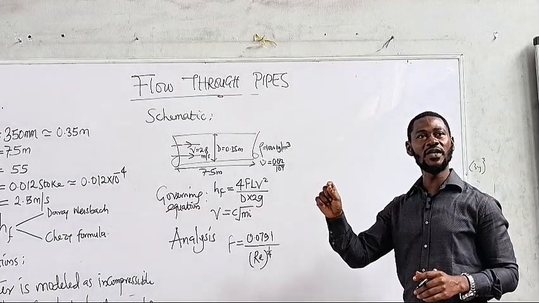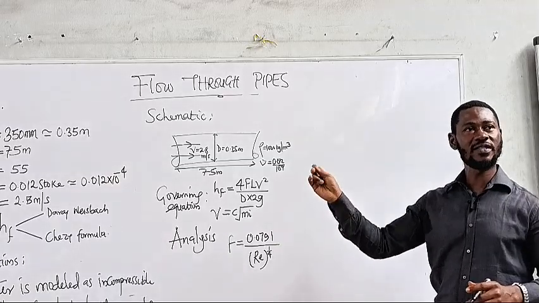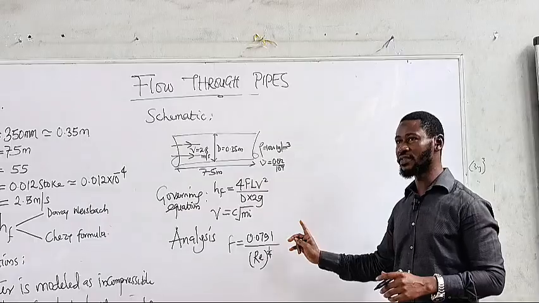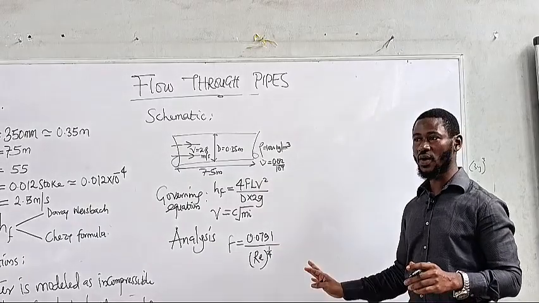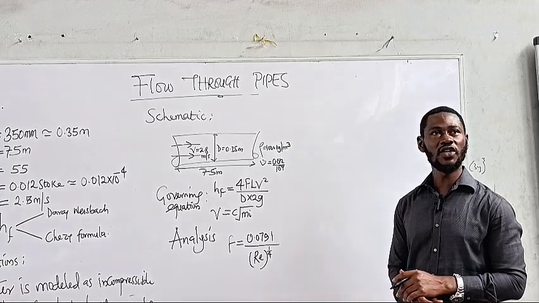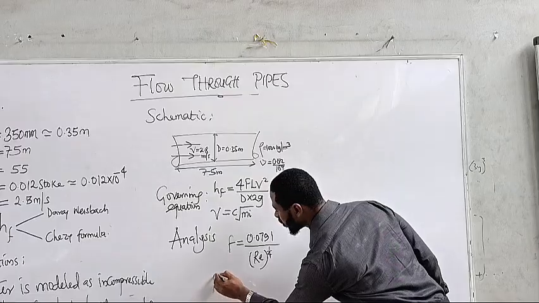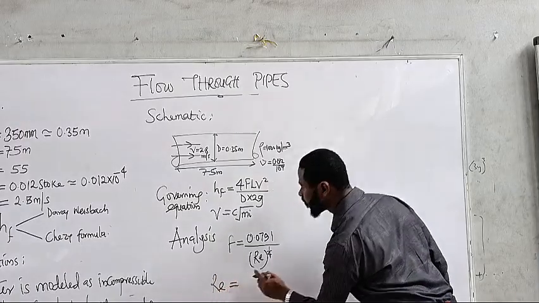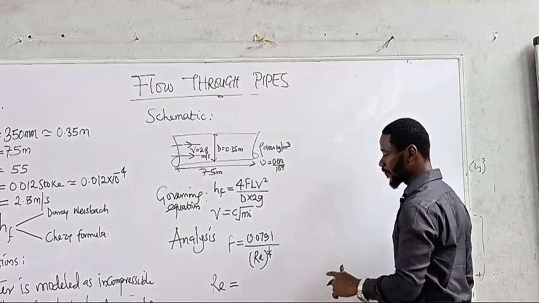If I have given 0.00791 before, correct the value. It is 0.0791 divided by Reynolds number raised to the power of 1 over 4. So how do we determine the Reynolds number? We need to determine the value of Reynolds number before we can determine the friction factor F.